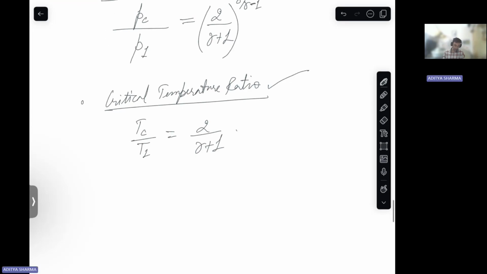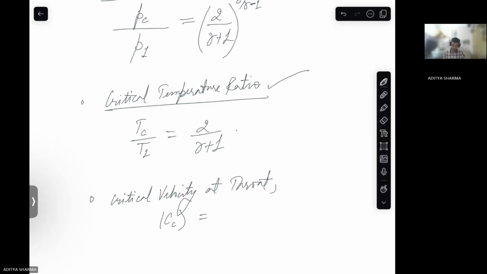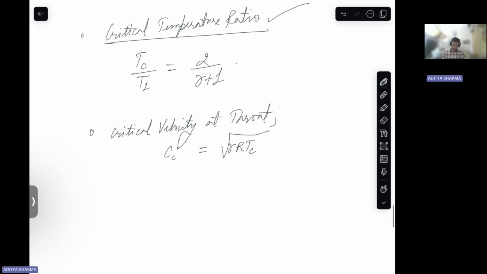Okay. Then we have an expression for the critical velocity at the throat also. So this can be given as the square root of gamma R T_c.